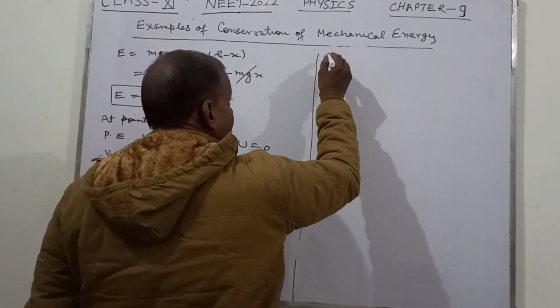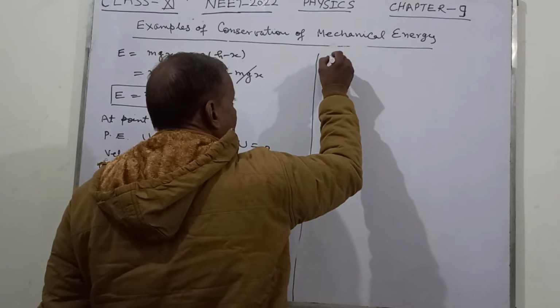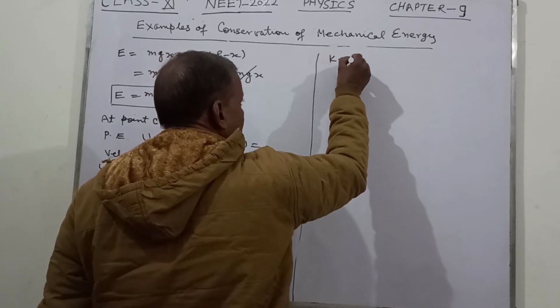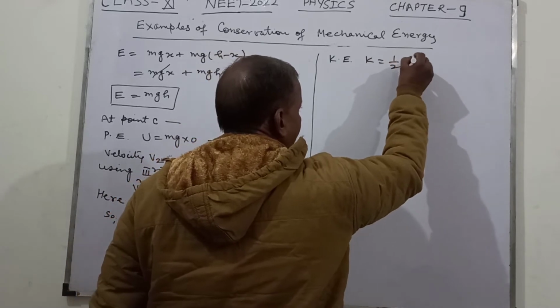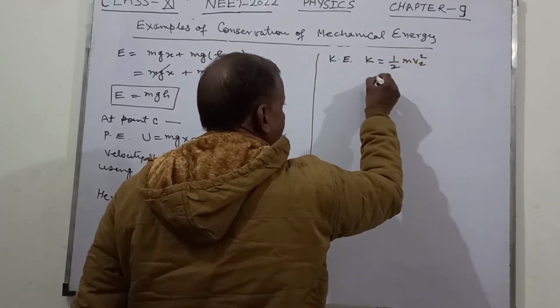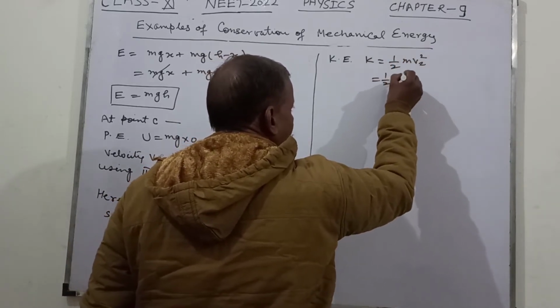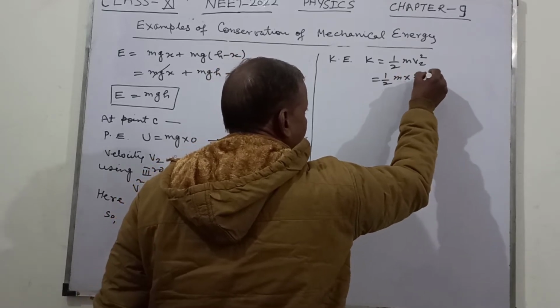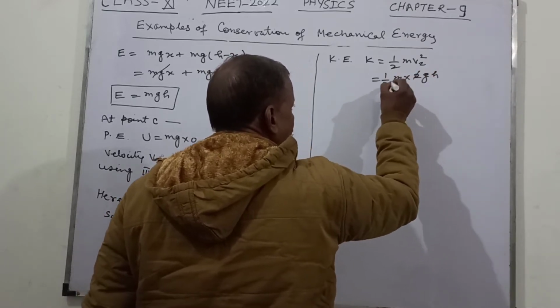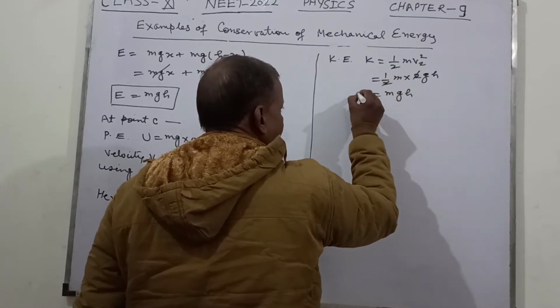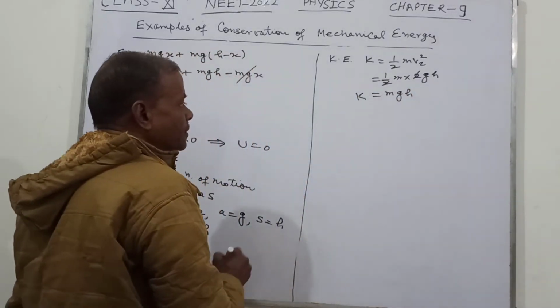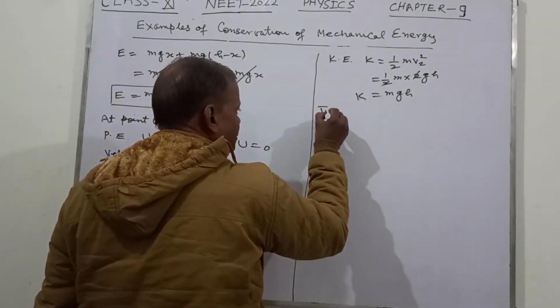So kinetic energy K is equal to half m v square. This is equal to half m into 2gh, the 2 and 2 cancel, so this is equal to mgh. This is equal to K. So now, what is the total energy?